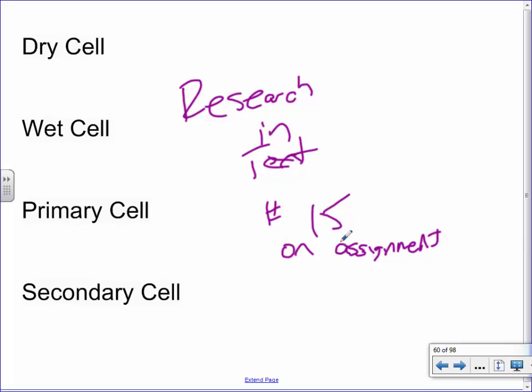If you see a dead battery, you ever notice how sometimes there's a little bit of white pastiness on it? Have you ever seen that before? One of the reasons is that in a typical battery, your anode or your cathode is a core that goes right through the middle. See this little plug that comes out of the top?